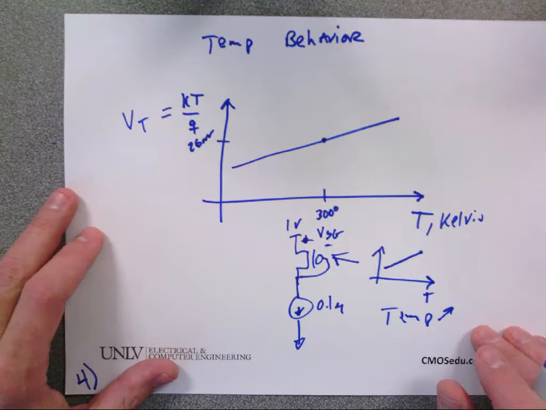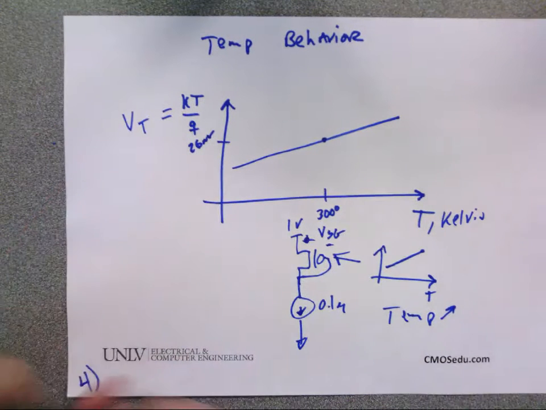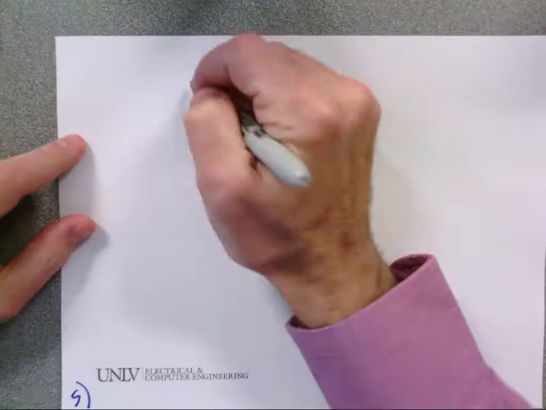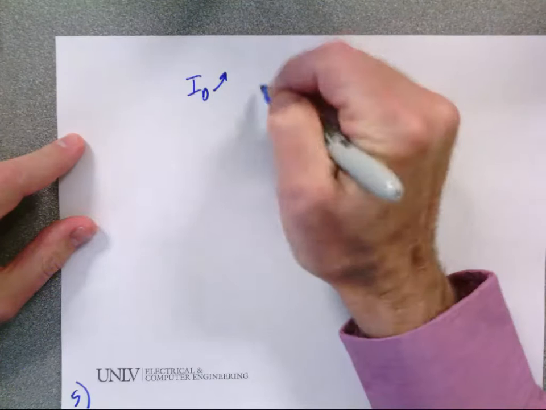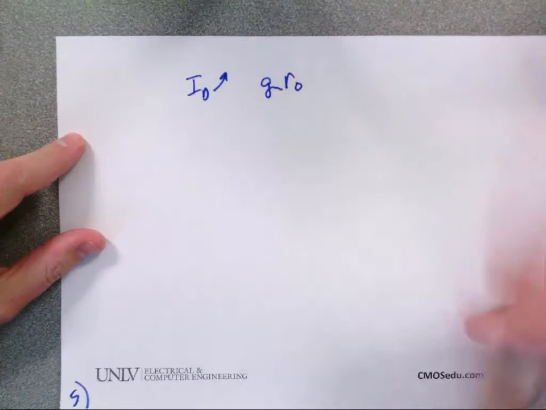Any other questions from chapter 9? There are no other questions in chapter 9. Let me just ask questions. When I ask them in qualitative form, if ID goes up, what happens to the gain, GM R out?